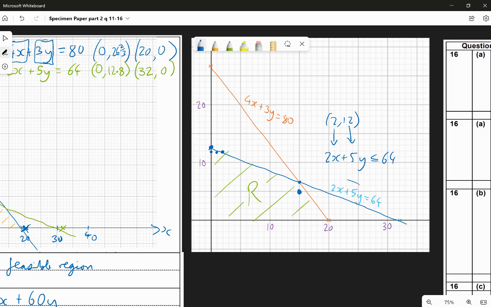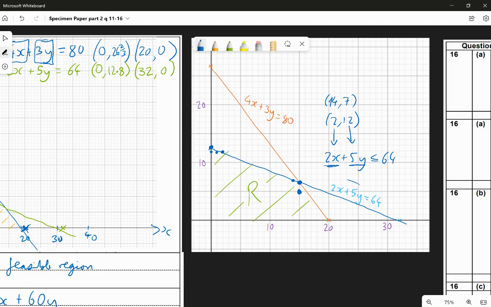Now let's go near this vertex here within our feasible region. So points such as (14, 7), which is just in our region, and I'll show that by trying (14, 7) in this coordinate. 2 14s are 28. 7 5s are 35. 28 and 35 is less than 64.